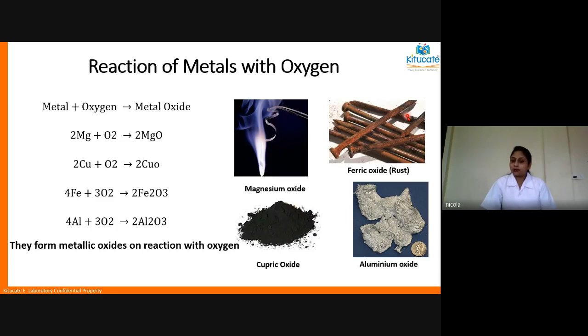Rust is ferric oxide. And when aluminium reacts with oxygen, aluminium oxide is formed. So whenever a metal reacts with oxygen, metal oxides are formed. Okay, all right, next slide.